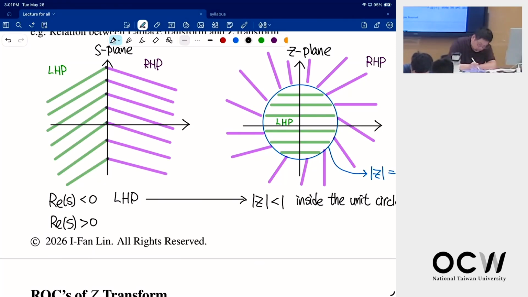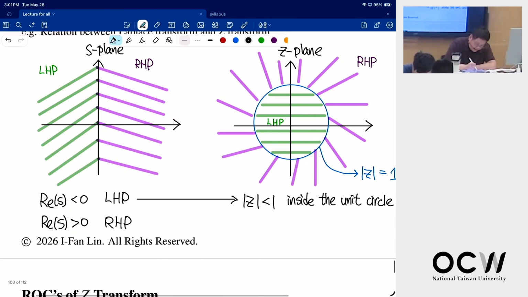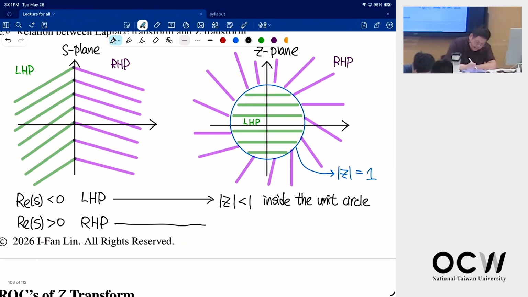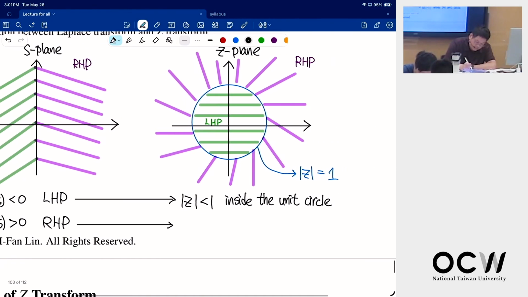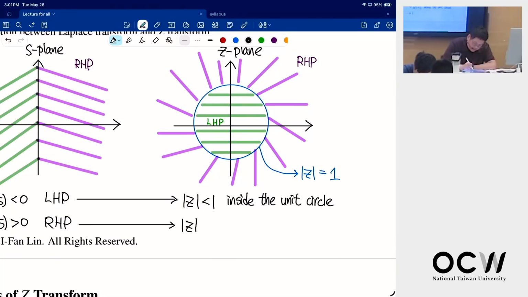And when it is greater than 0, that's the right half plane, which maps to z greater than 1.